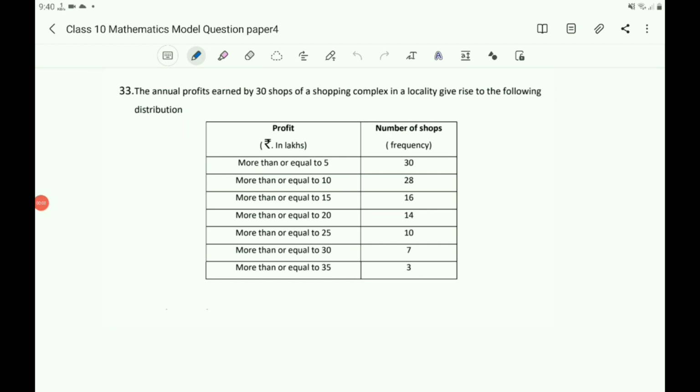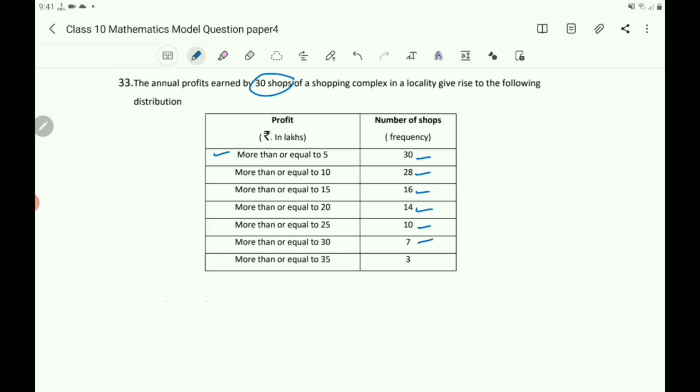Question number 33. The annual profits earned by 30 shops of a shopping complex in a locality give rise to the following distribution. The distribution is: more than or equal to 5, 30; more than or equal to 10, 28; more than or equal to 15, 16; more than or equal to 20, 14; more than or equal to 25, 10; more than or equal to 30, 7; more than or equal to 35, 3.